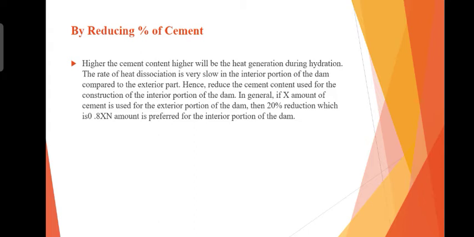So due to that also thermal cracks occur. To reduce this, cement content is reduced for the interior portion of the dam. Generally, if x amount of cement is used for the exterior portion of the dam, a 20% reduction, about 0.8x amount, is preferred for the interior portion of the dam.